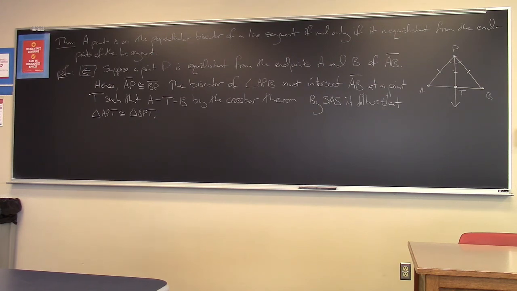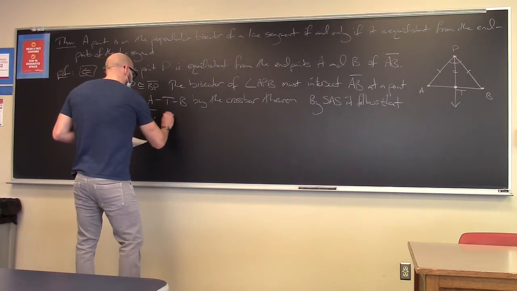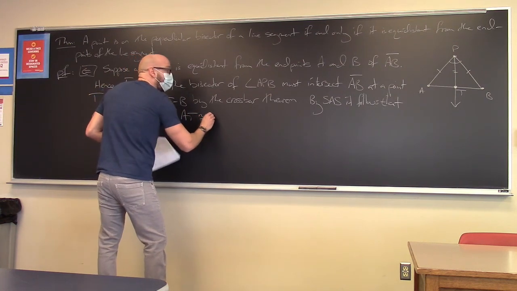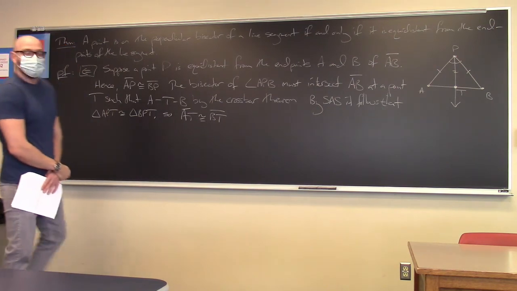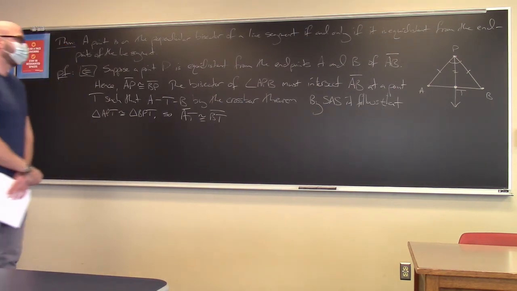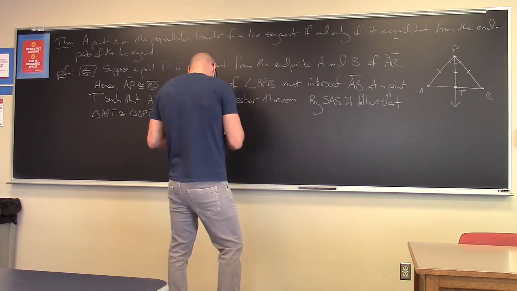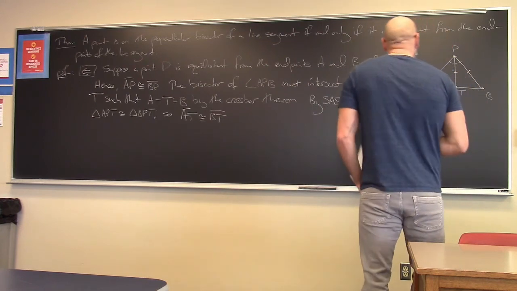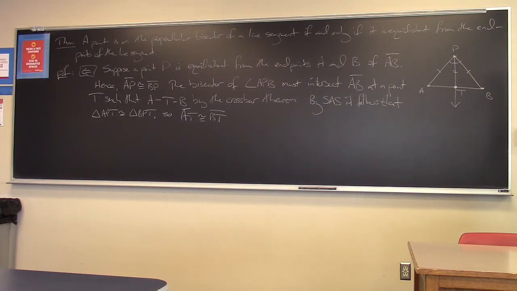Sure, I like this, but we'll see how this goes. So it follows that APT is congruent to BPT, and so therefore AT and BT are congruent as well. What does that mean?